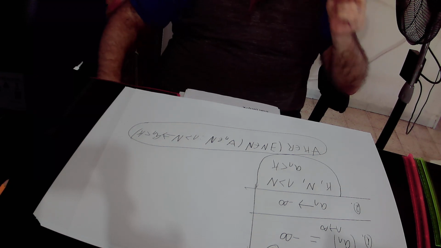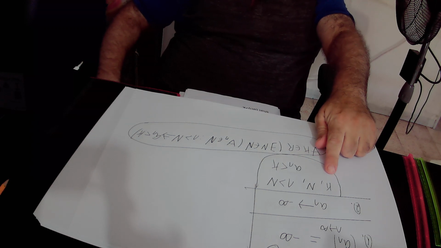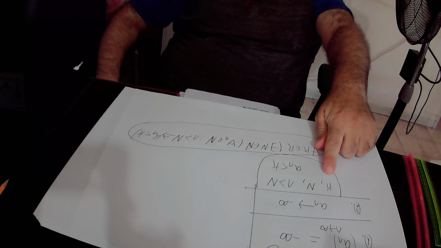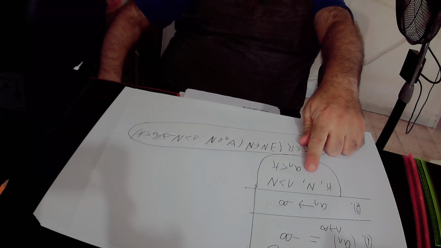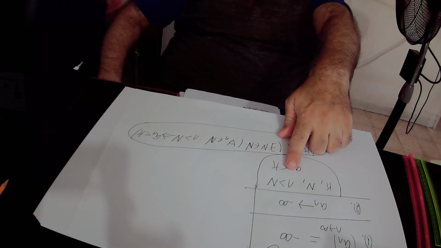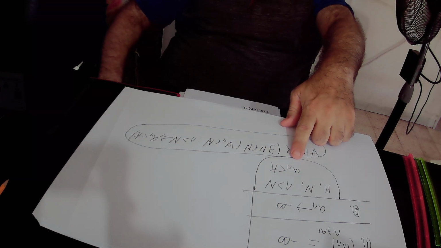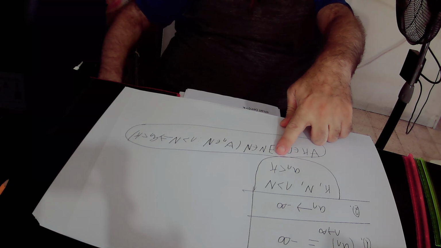The condition that must hold is that for every k as small as you wish, we have to find capital N that belongs to the natural numbers, and for n that also belongs to the natural numbers, for n that is greater than capital N, we will get that an will be smaller than k.